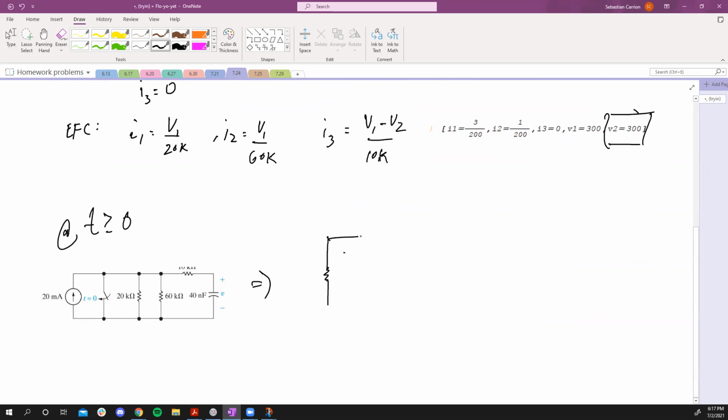You want to focus on the right side, because current is going to follow the path of least resistance. So none of this current is going to be dissipated through here. It's all going to go here. So that's why we cut this off.